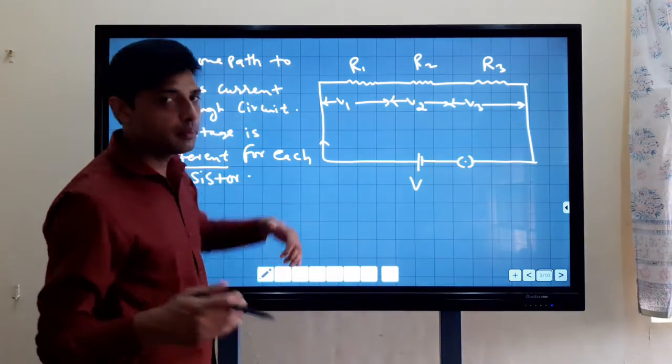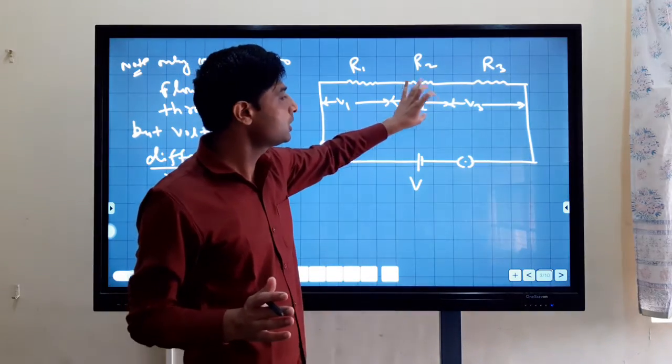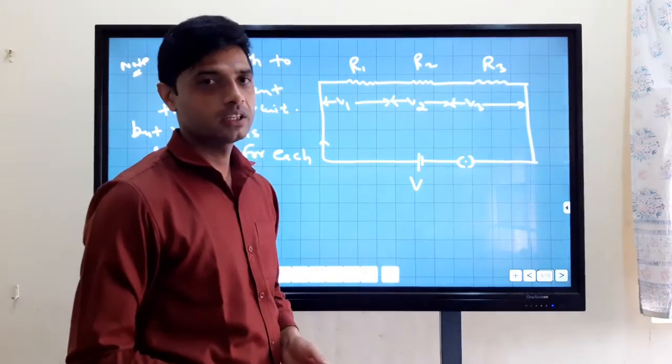But the algebraic sum of voltages is equal to the total voltage applied in the circuit.